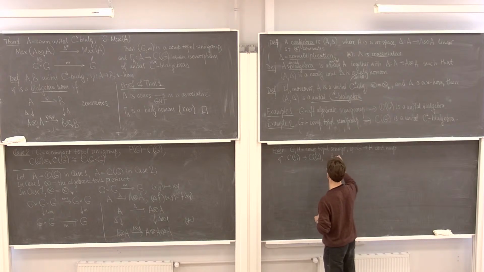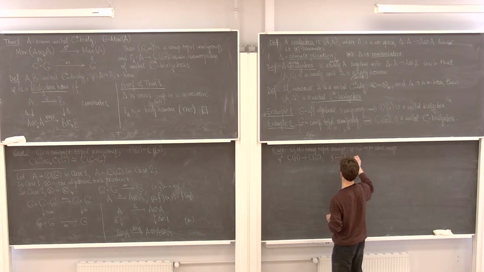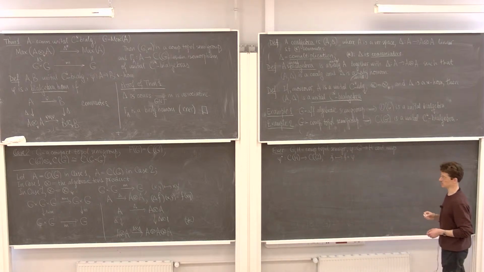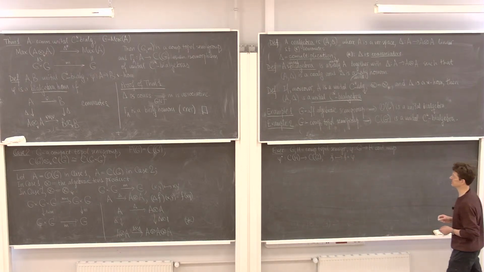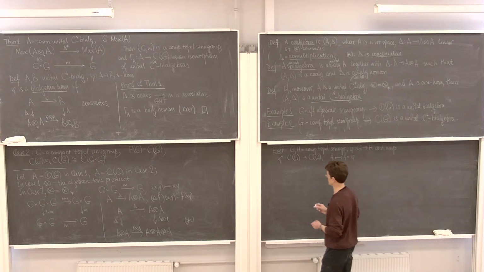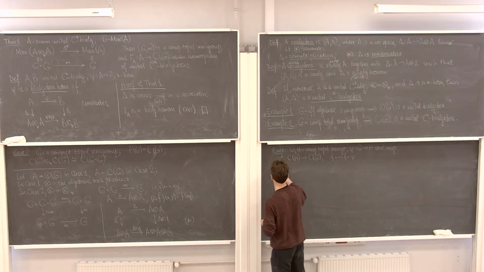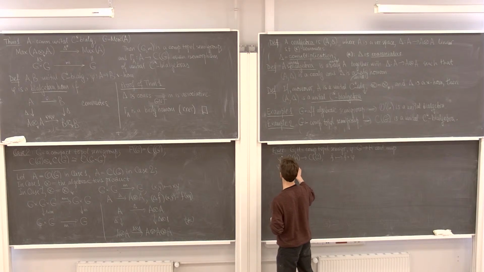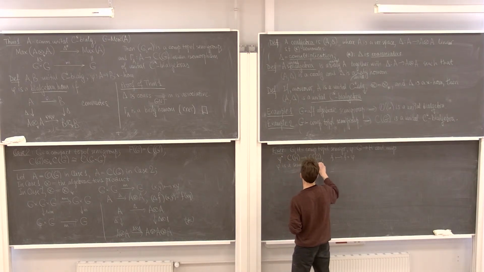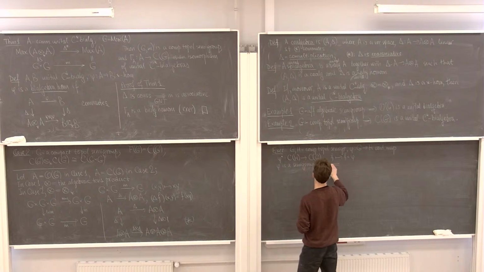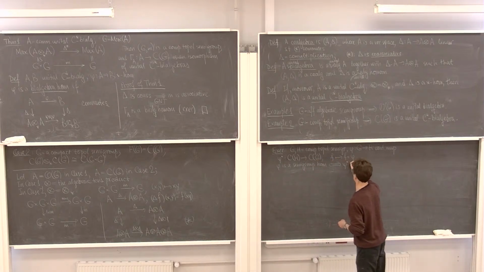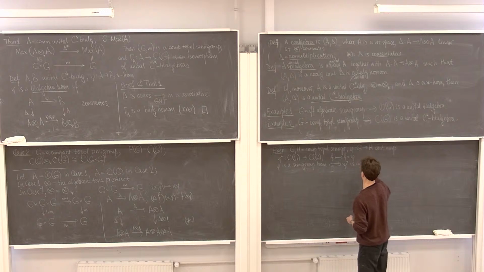So it takes f to f composed with phi. This is a star homomorphism. And the exercise is to show that phi is a semigroup homomorphism if and only if phi dot is a C-star bialgebra homomorphism.